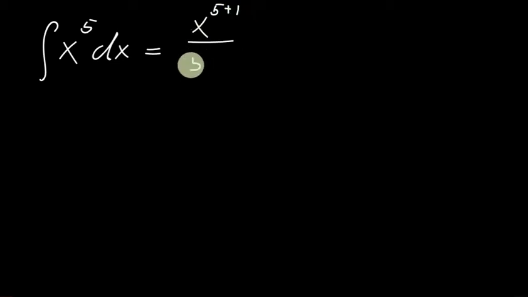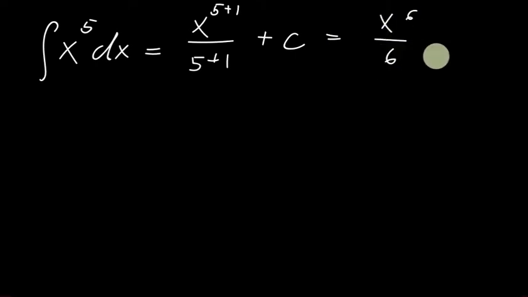Now, an integral of x to the power of 5 dx. This is equal to 5 plus 1 divided by 5 plus 1 plus c, and this gives us x to the power of 6 divided by 6 plus our constant.